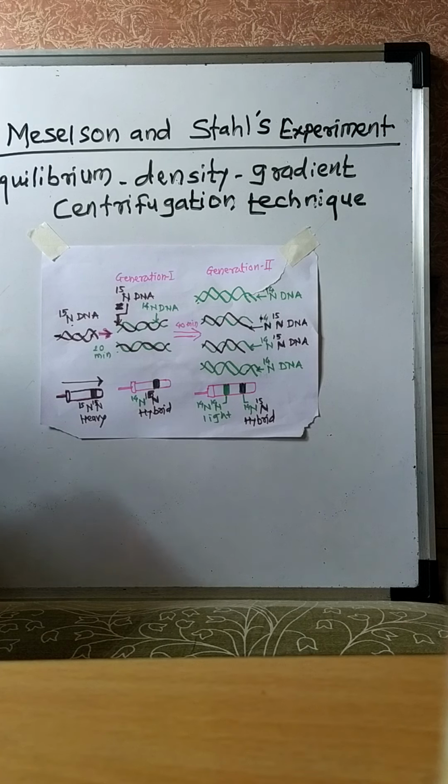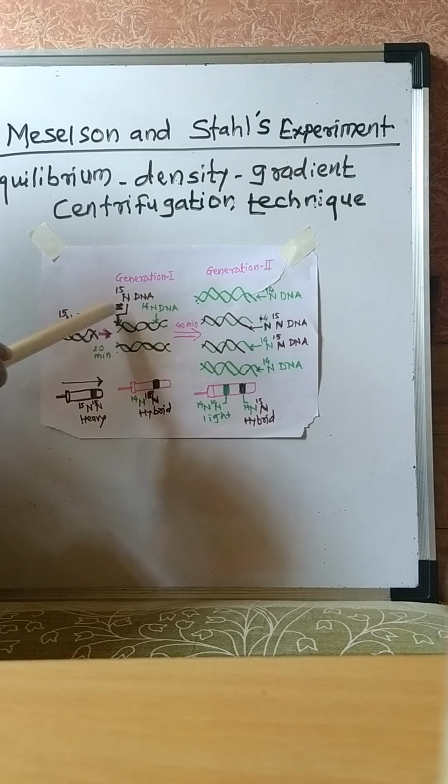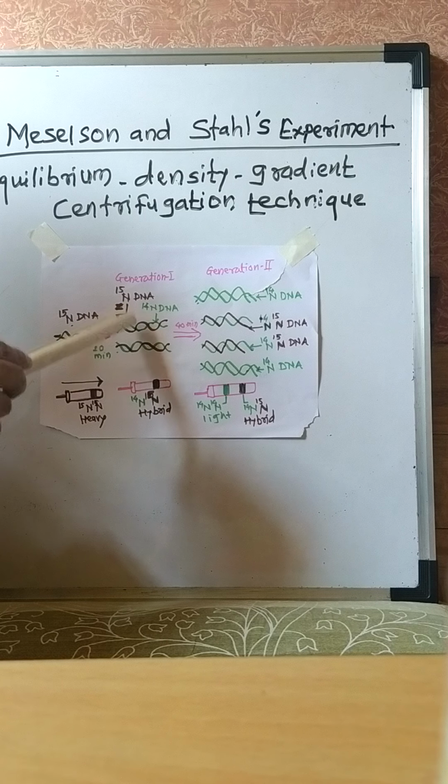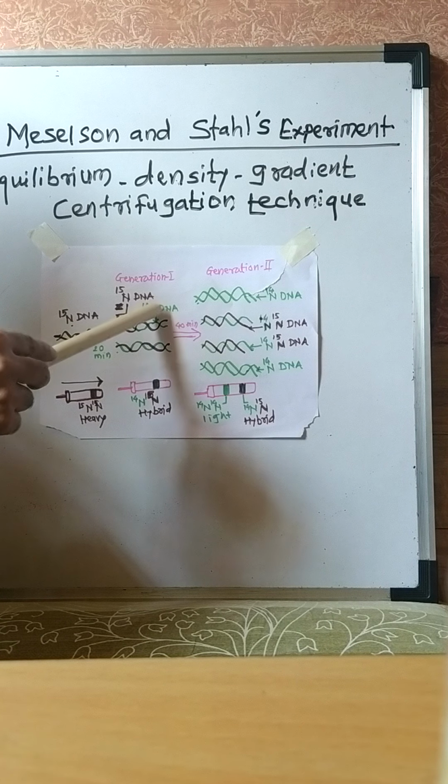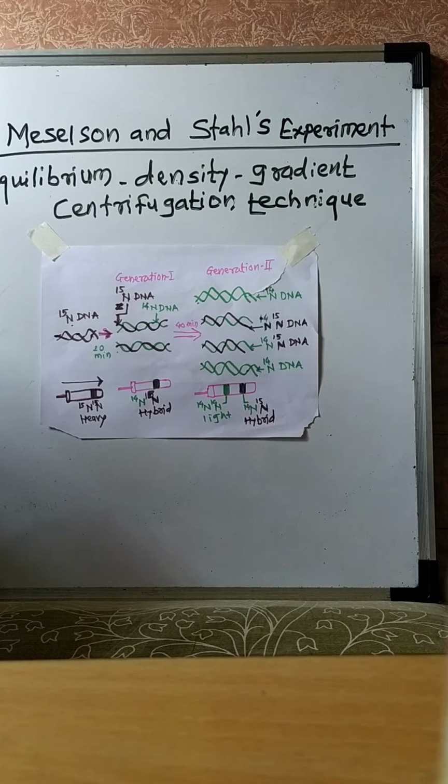Then these E. coli cells were transferred to another medium containing normal light nitrogen, N14, and allowed to replicate in it.